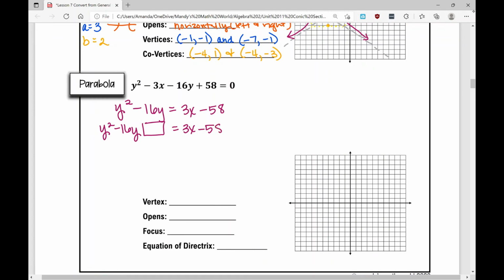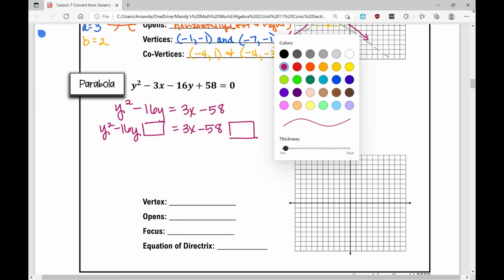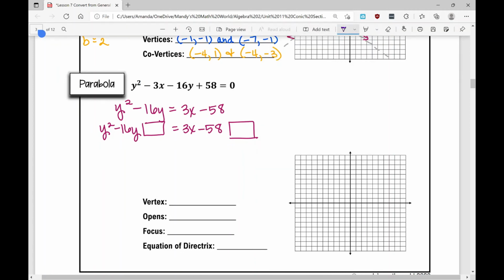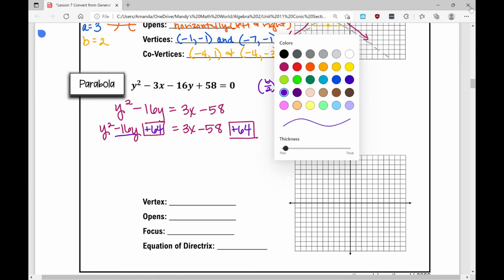Whatever I add to complete the square, I'm going to add to this side as well. Remember, I'm adding b over 2 squared to both sides. If b is -16, -16 divided by 2 is -8. -8 squared is 64. I'm going to be adding 64 to both sides.